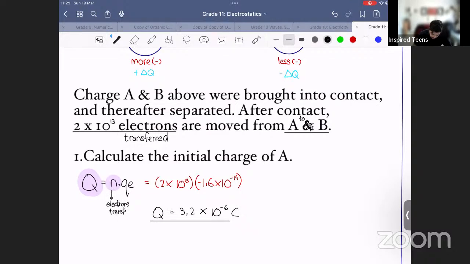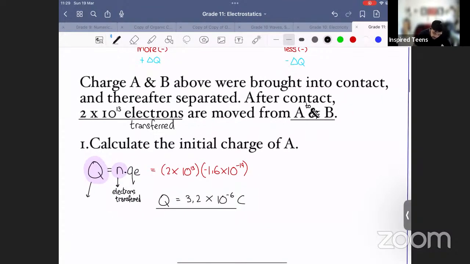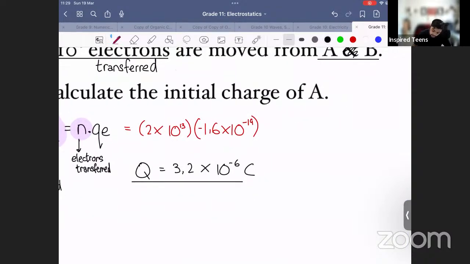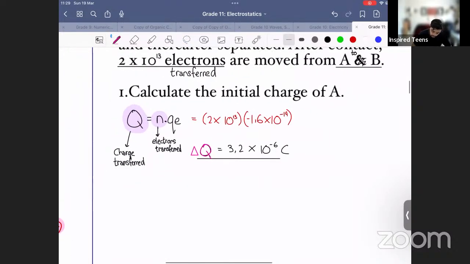So what charge is it going to give us? It's going to give us the charge transferred. Okay, and charge transferred is actually delta Q. Now that we have delta Q, we can use its formula.